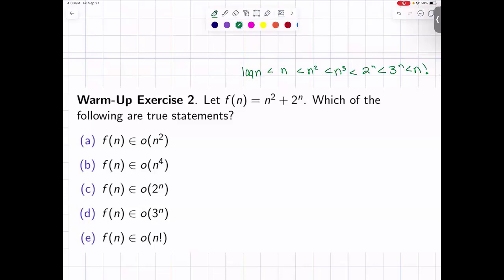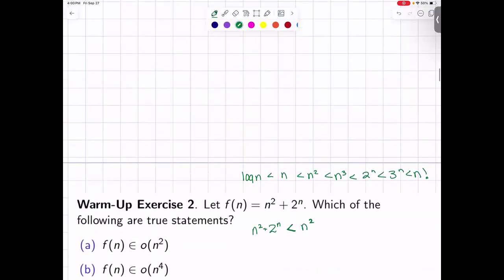So imagine that we have this function here, n squared plus 2 to the n, and we're trying to determine right here if it's in little o of n squared. So the question we're asking ourselves here is, is it strictly less than n squared? That's effectively what we want to ask ourselves. Now, this is very different than the previous one.